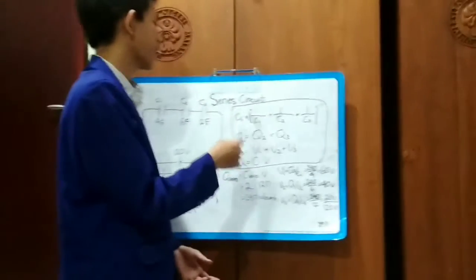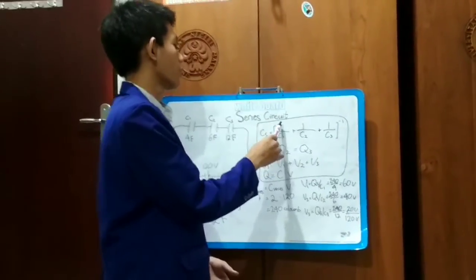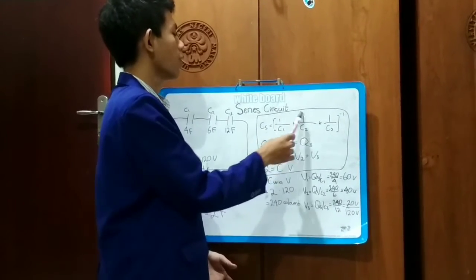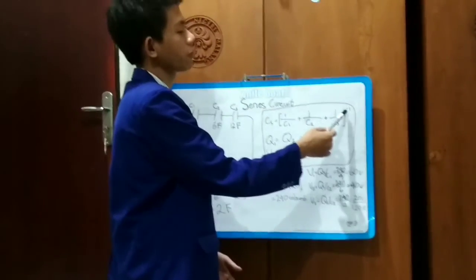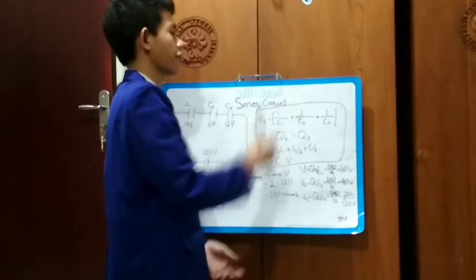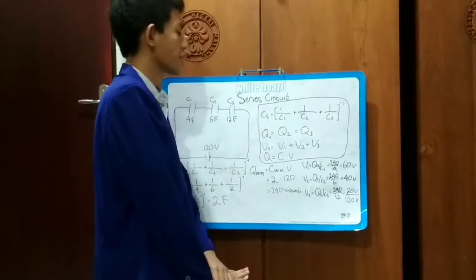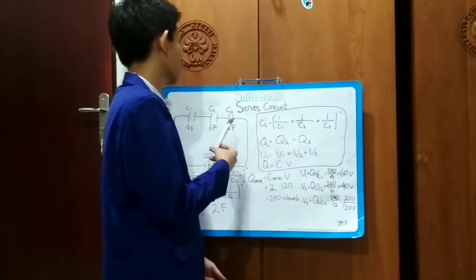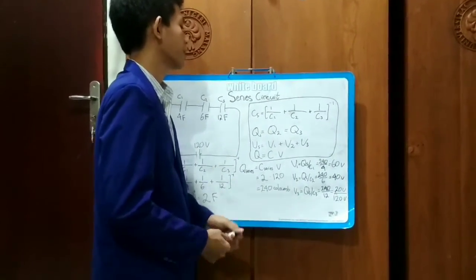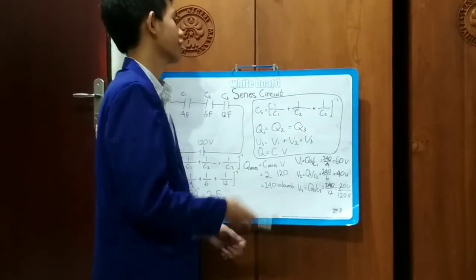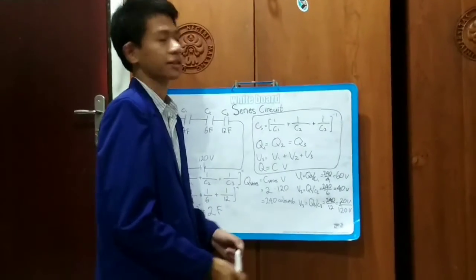The capacitance in series circuits is equal to this formula: 1 over C1 plus 1 over C2 plus 1 over C3, all raised to the minus 1. Okay, then the second question is, how much charge is stored in this series circuit? The charge which is stored in this series circuit is the same in every element.